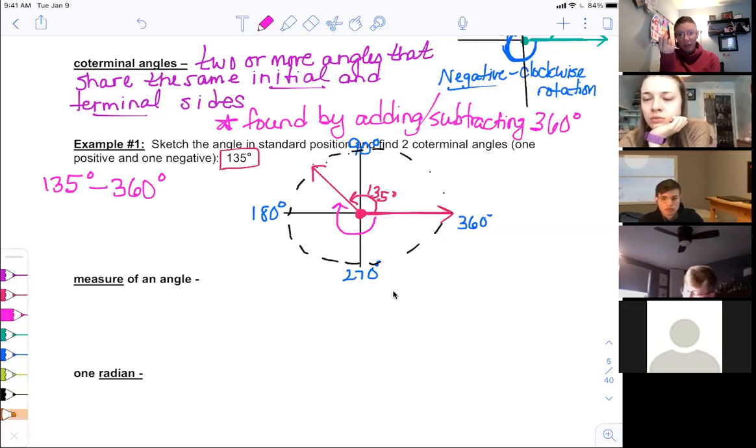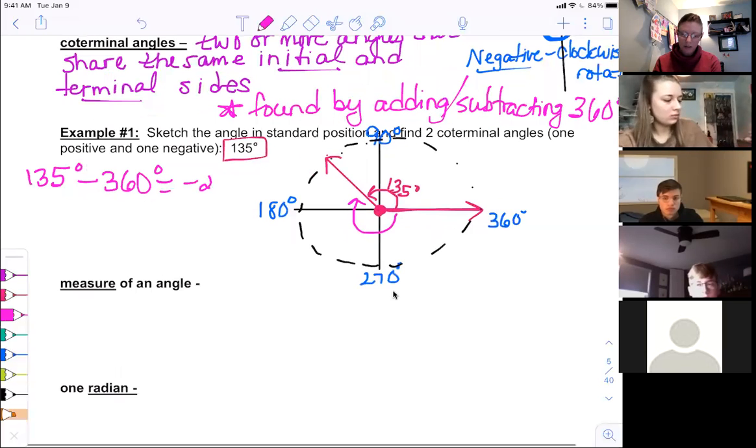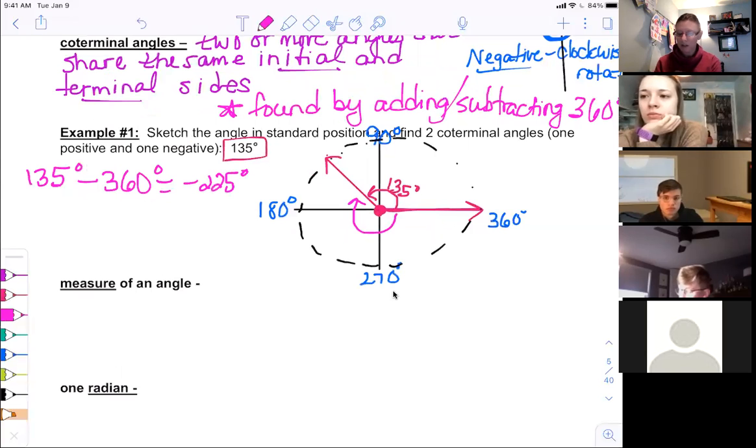So you're starting with your given information, you're subtracting 360. Grant, do you know what that makes? Negative 225. Yeah, so there's our negative angle, negative 225 degrees. So that's this guy right here.